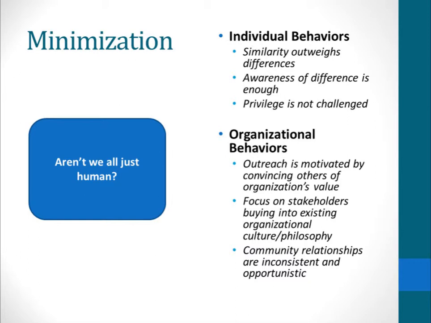Another indicator of individual behavior at this level is again an awareness of difference, but also a lack of awareness or inability to acknowledge the dynamics of privilege that happen as a result of cultural differences at a societal level.